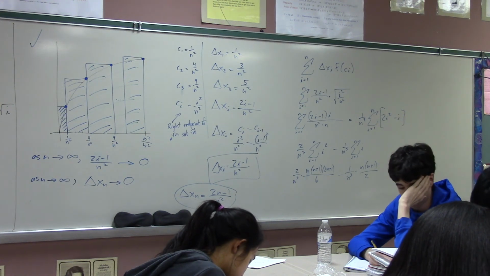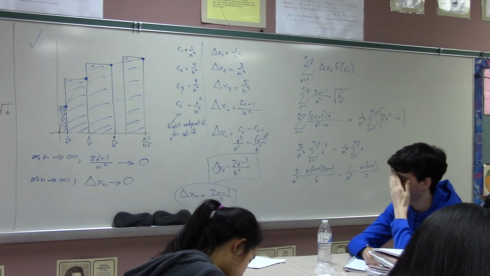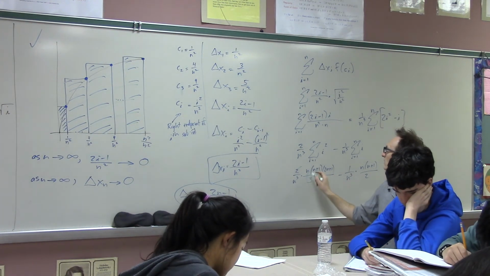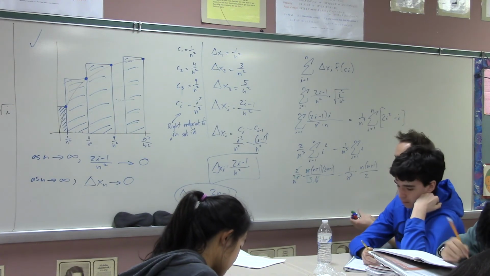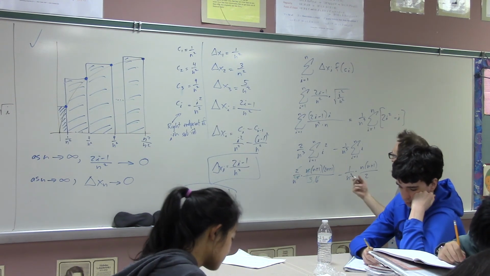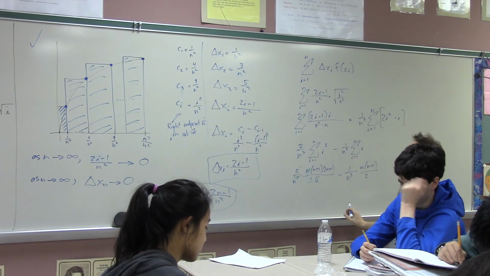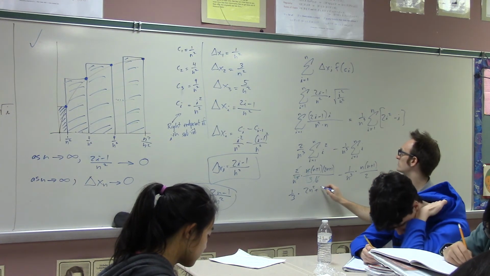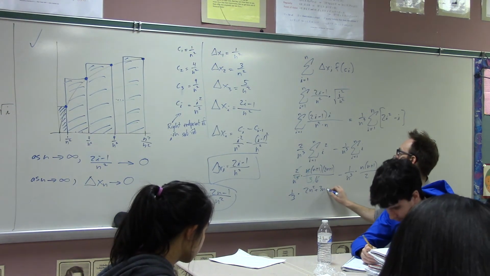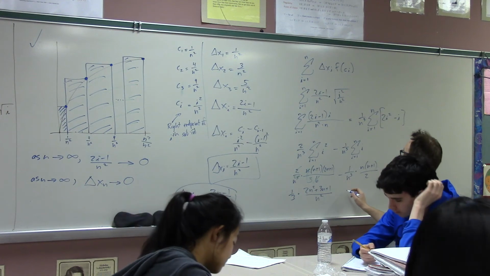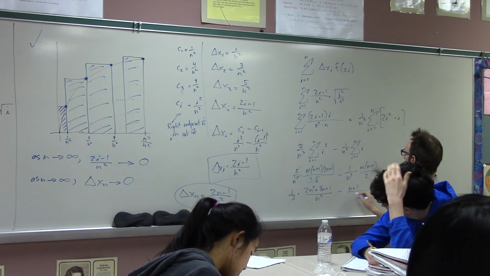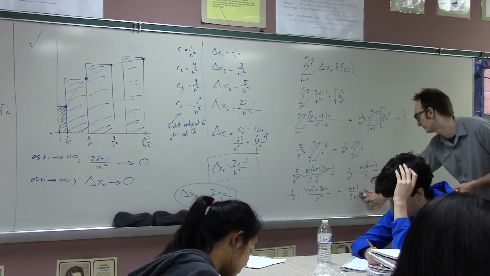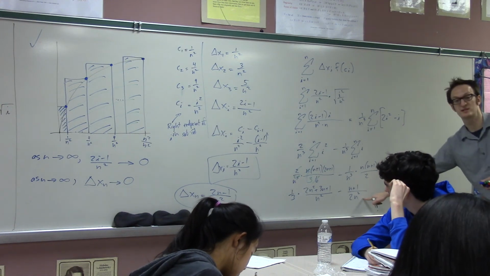Do we have an answer? That kills that. We're going to have a third times 2n squared plus 3n plus 1, minus 2n squared. But anyway, this dies, right?